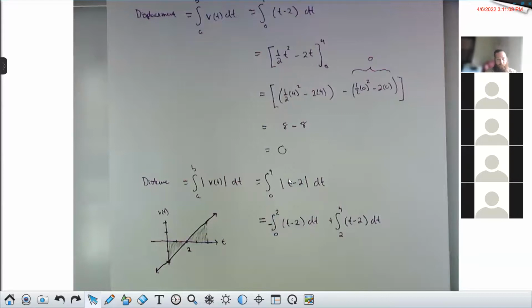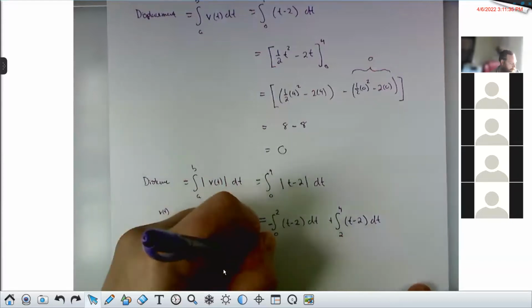That would also work. So I know that v of t, t minus 2, goes from negative to positive when t is equal to 2 by setting t minus 2 equal to 0. And then you could test a point or use multiplicities and end behavior to figure out that my velocity function is negative from 0 to 2 and positive from 2 to 4. And that would also be enough to tell you how to do this split. But I strongly recommend drawing the graph.